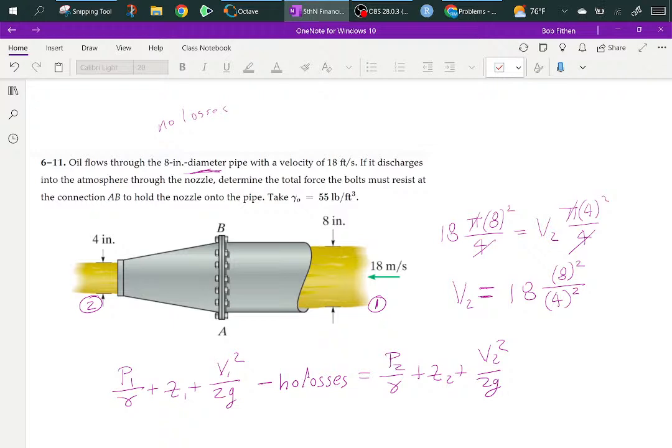Let's see if it'll do it again. This time it copied the 8. Oh, it forgot the 18. That's not the actual thing. Let me move the 1 closer right there. Ah, okay. So that's what I get coming out.